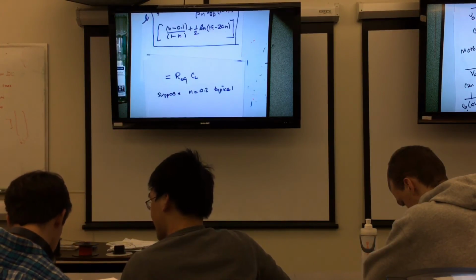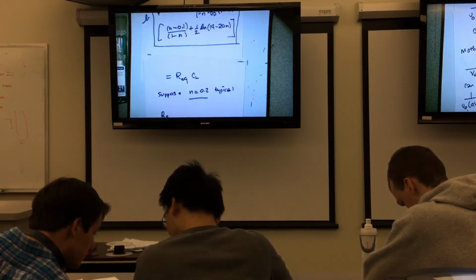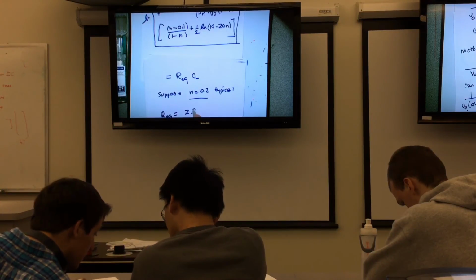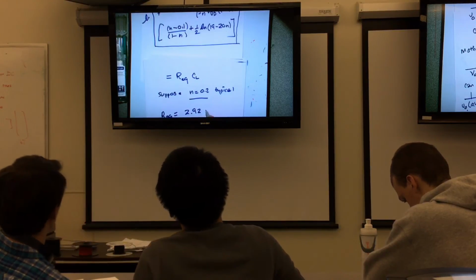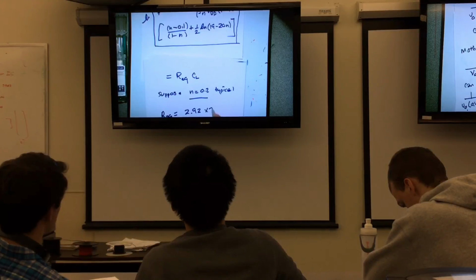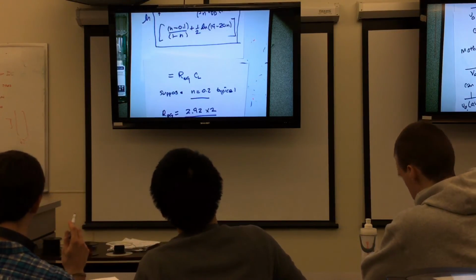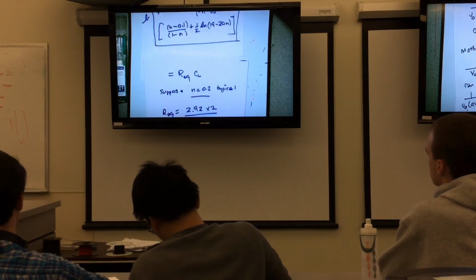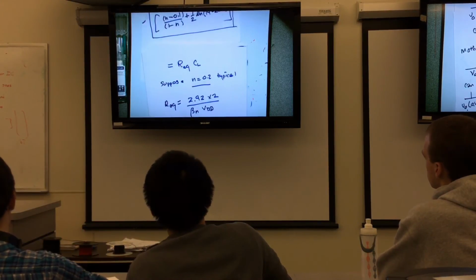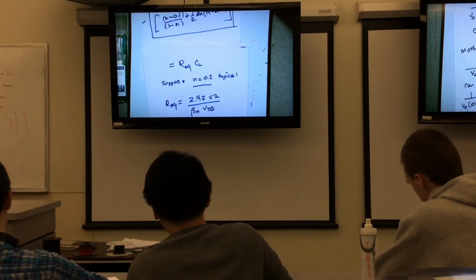But if we can have this, then our equivalent would be 2.92 times 2 divided by beta n VDD, which it turns out is about 6 divided by beta n VDD.